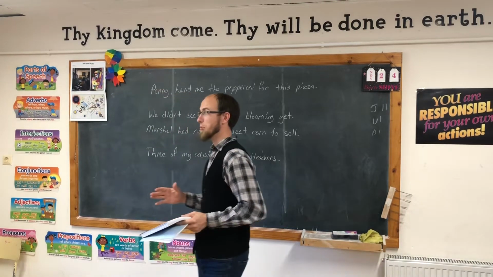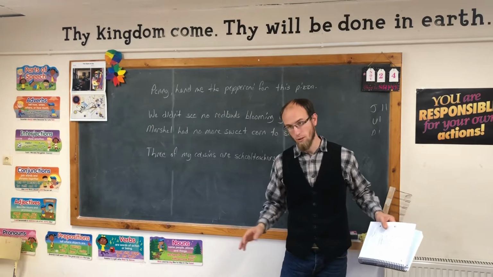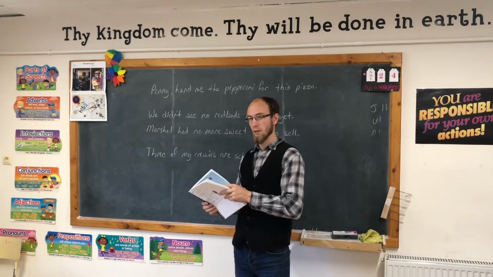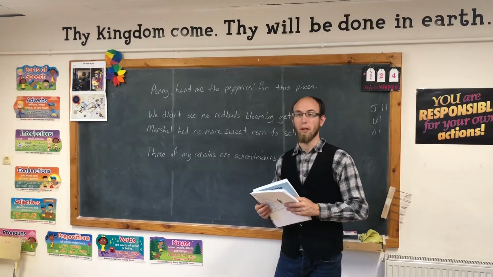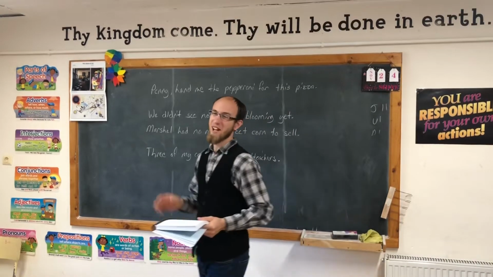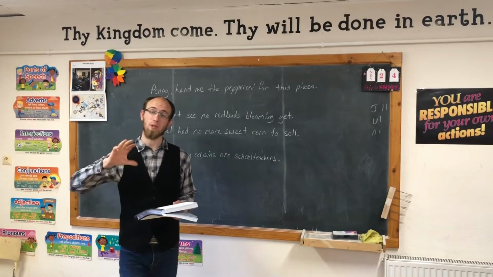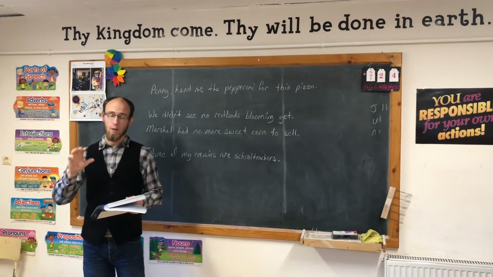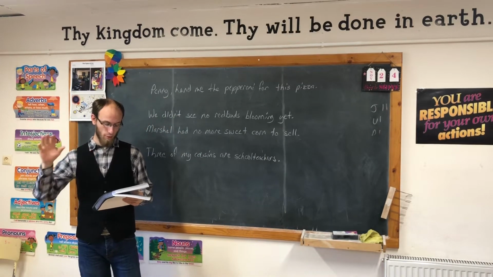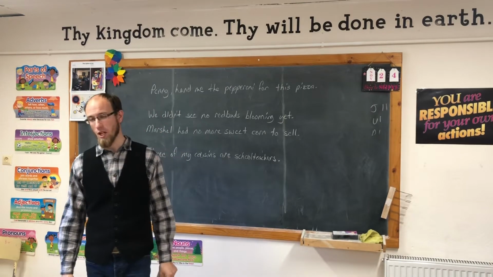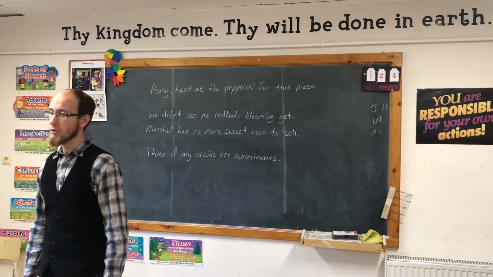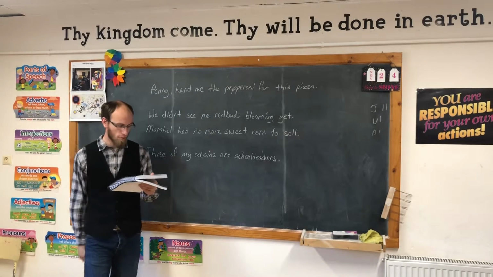If I've got a proper noun, America, what would the proper adjective be? American. A proper adjective is an adjective formed from a proper noun. Can prepositions stand alone? No, they need objects, they need phrases.